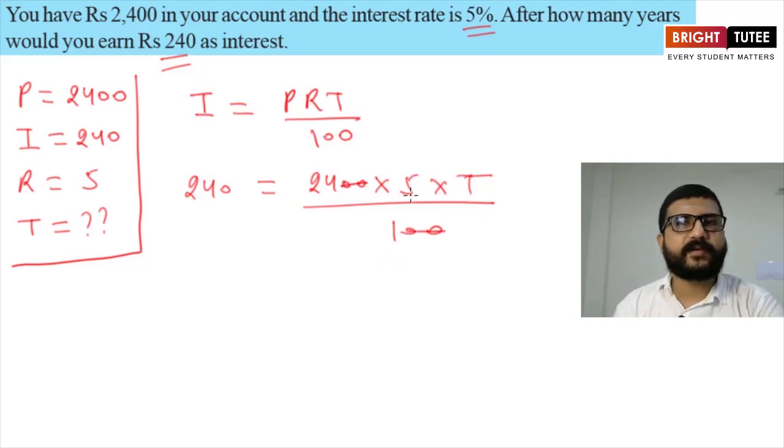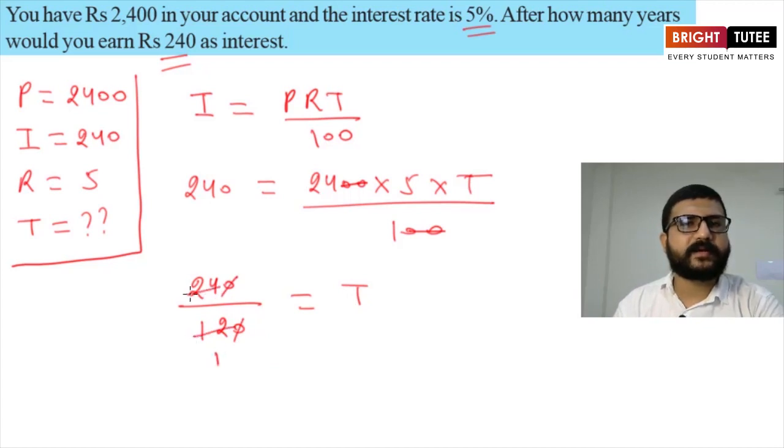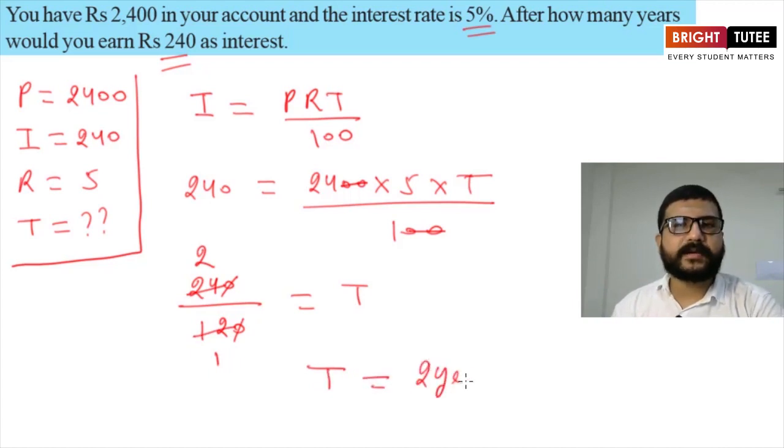Now 24 into 5, this will be 120. So what we can do, we can transpose this 120 here. So this will become 240 divided by 120 is equal to T. Now from here we can simplify this, we can cancel these two zeros. Now 12 ones are 12, 12 twos are 24. So therefore T or the time period is 2 years.